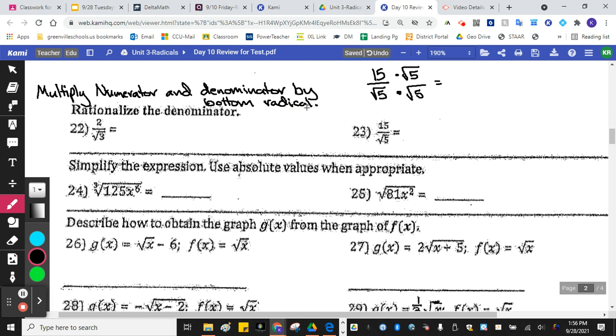So you multiply the top and the bottom by the bottom radical. That way you can get the radical out of the denominator.